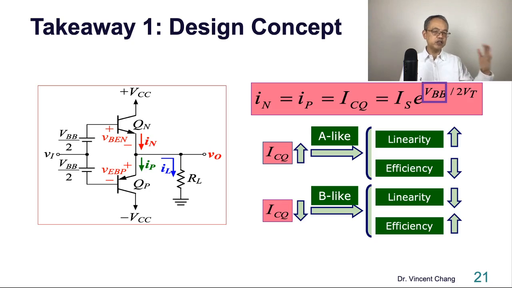If you think efficiency is more important to your design, then AB, but more like B. If you think the distortion issue and linearity is more important to you, then AB, but toward more like A. So the ICQ, the quiescent bias current level, high or low, is the key for the trade-off.